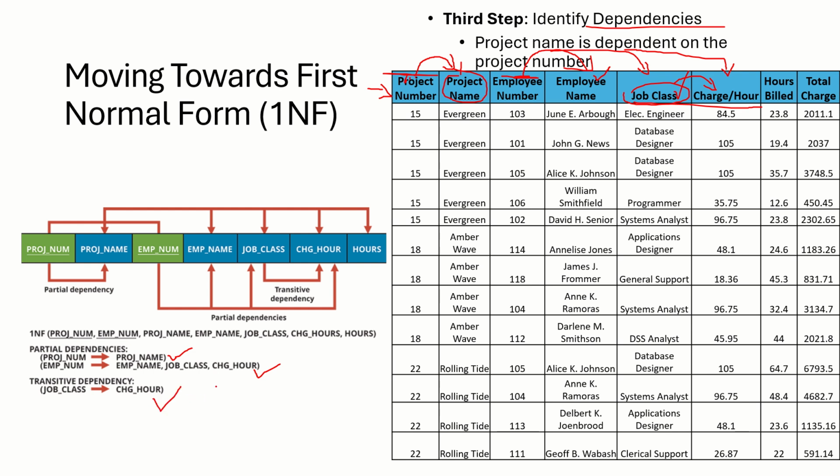Okay, so how about the rest of them? The rest of them are charge and the total hours. Those things we need to make sure how to include in another table.